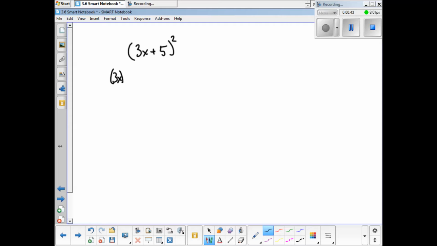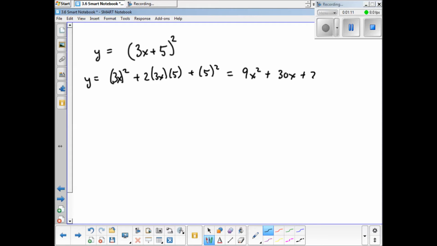So it'd be (3x)^2 + 2(3x)(5) + 5^2. So this would be our original function. Now we're not finding the derivative yet, we're just writing down the original function in expanded form. And this of course is 9x^2 + 30x + 25.